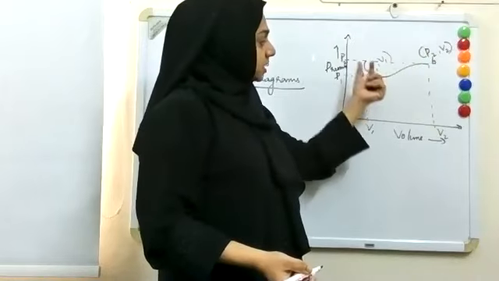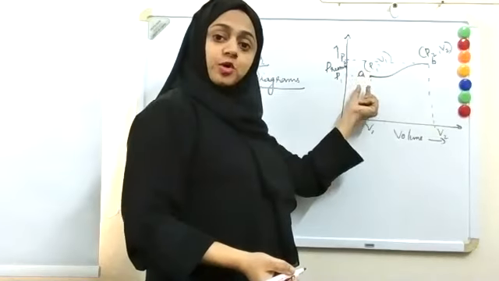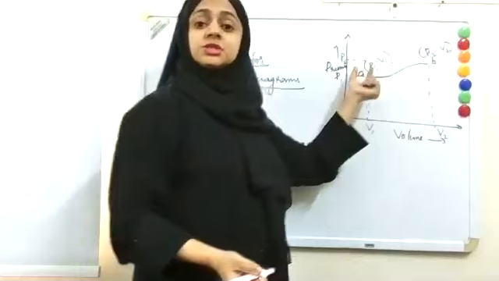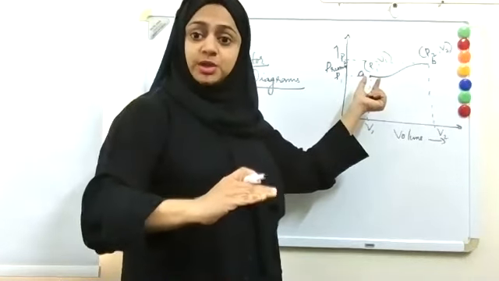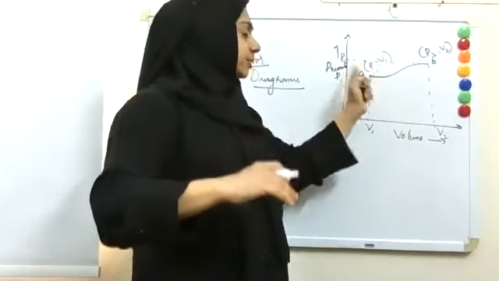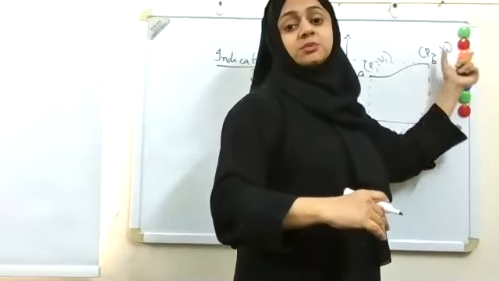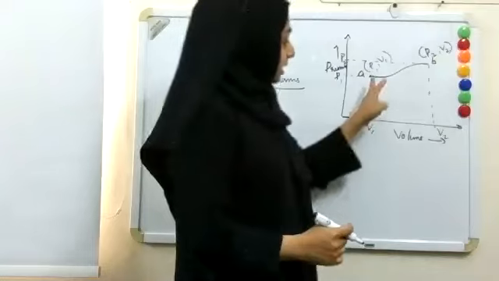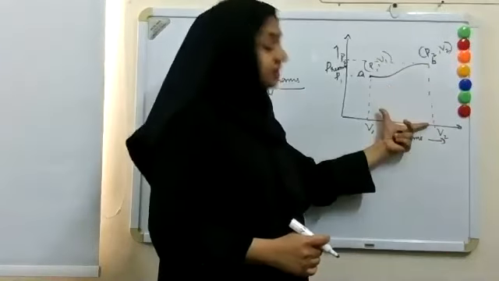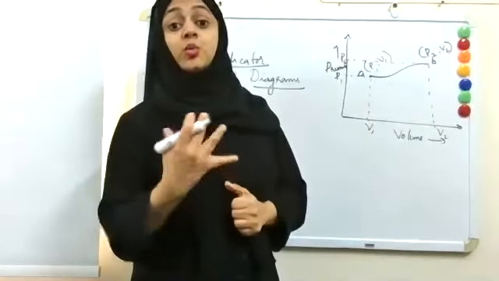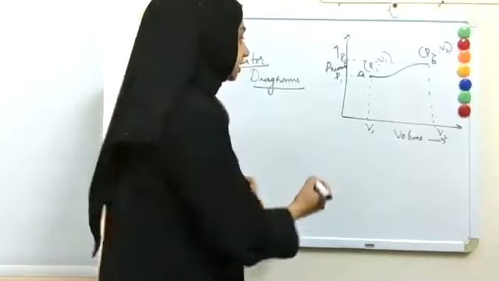This is the process. A system goes from point A to point B, which means it goes from a pressure and volume state P1 and V1 to a pressure and volume state P2 and V2. The area under the curve gives you the work done. So what is work done?